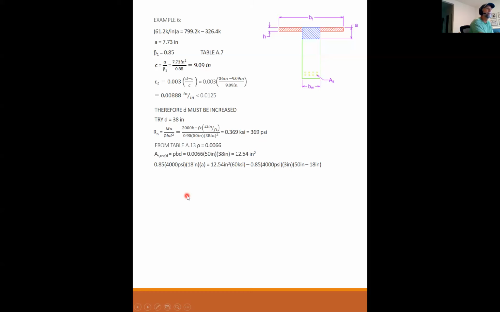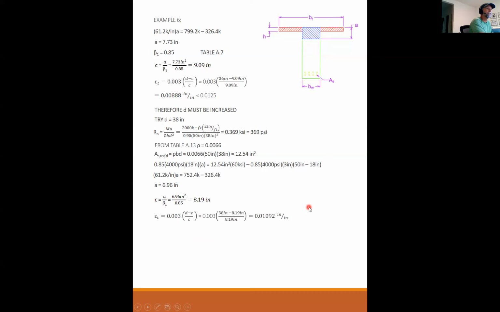This is my C sub W is equal to T minus C sub F equation again. And I solve for A, which is 6.96 inches now. So C is 8.19 inches. So epsilon sub T is now 0.1092.